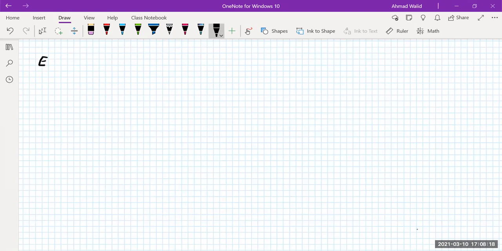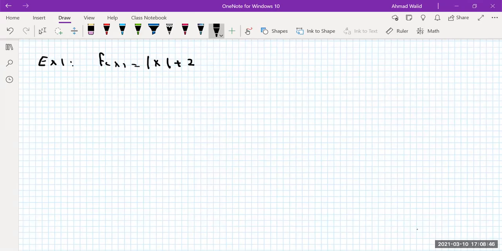Example number 1. For example, they are asking you to graph f of x equals absolute value of x plus, let's say, 2. How should I graph absolute value of x plus 2?